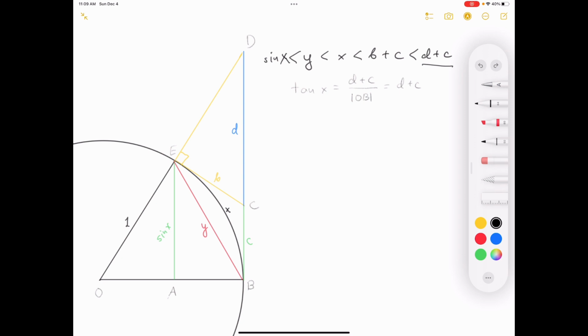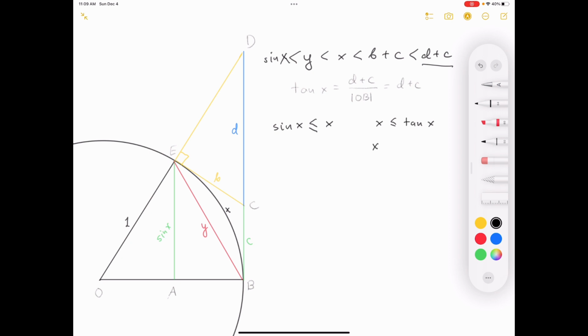From this sequence of inequalities, let's extract those that are important to us. The first one is the fact that sine x is less than x. In fact, less than or equal is all we need. And the other one is that x is less than or equal to tangent x. The d plus c is equal to tangent x.